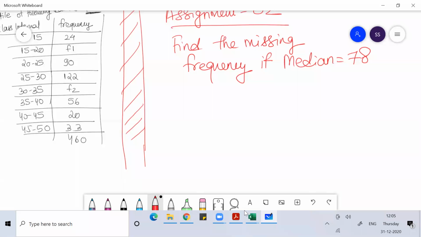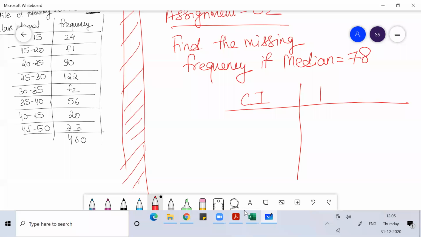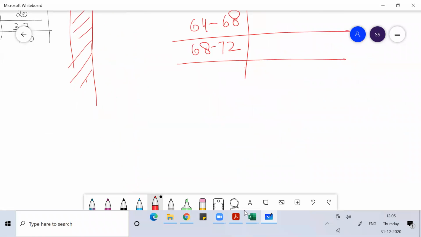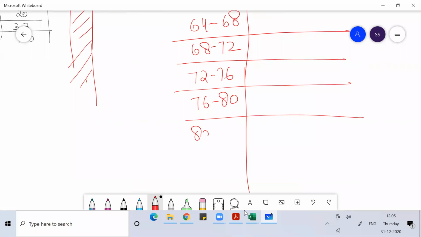Class interval, I'm writing the class interval and frequency: 64 to 68, then 68 to 72, then 72 to 76, 76 to 80, then 80 to 84, and then 84 to 88.